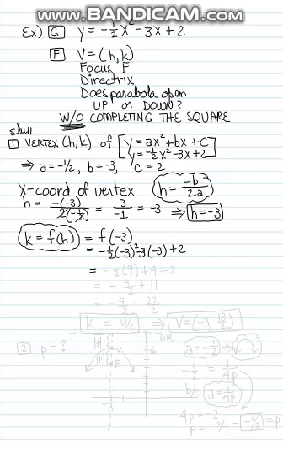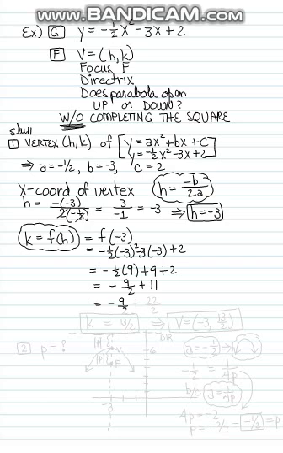So that simplifies as negative 1/2 times negative 3 squared. Negative times negative is a positive 9, minus 3 times negative 3. So that's a double negative, positive 9, plus 2. That equals negative 9/2 plus 11. 9 plus 2 is 11. So now we get a common denominator, so we can do the addition.